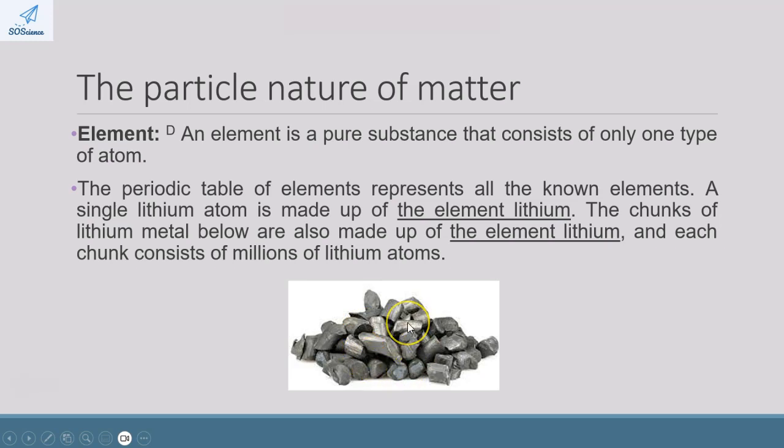So because it is only made up of one type of element, we can refer to this in singular form. So now the definition makes a bit more sense. It is a pure substance that consists of only one type of atom. Whether it is a single atom or millions and millions of atoms, we still refer to it as the element lithium, singular.